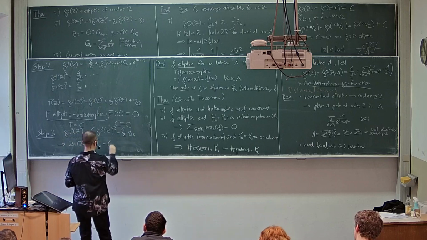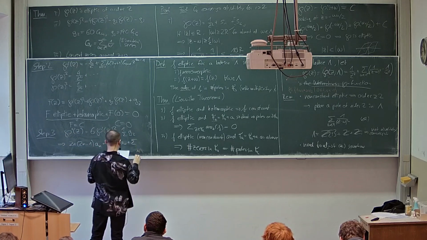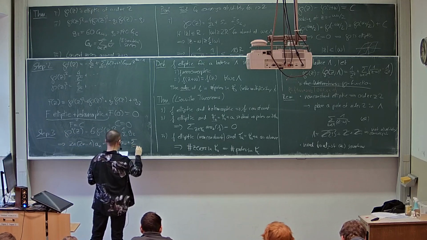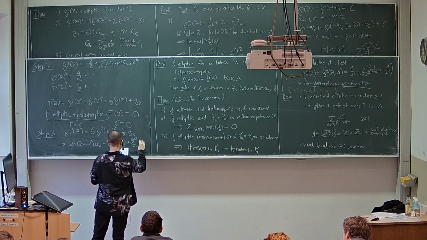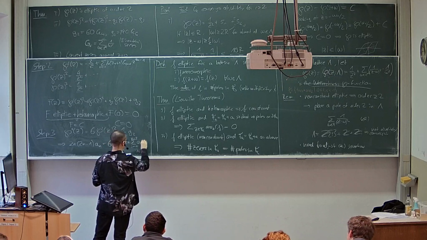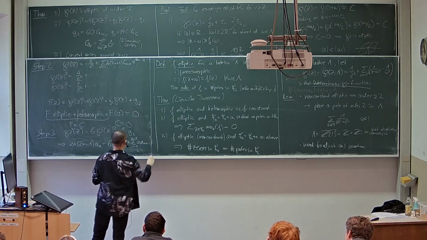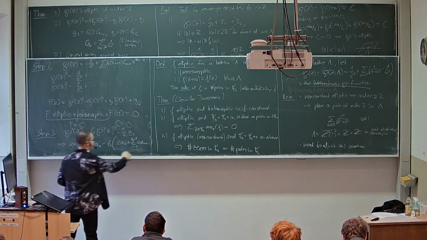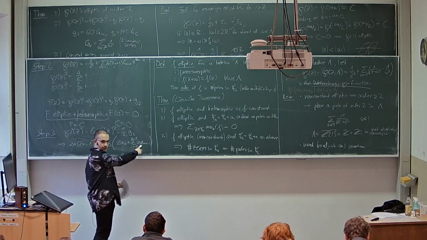We get the following relation. Okay. So what is this in the end? This gives us a way of computing the nth coefficient from all the lower coefficients.